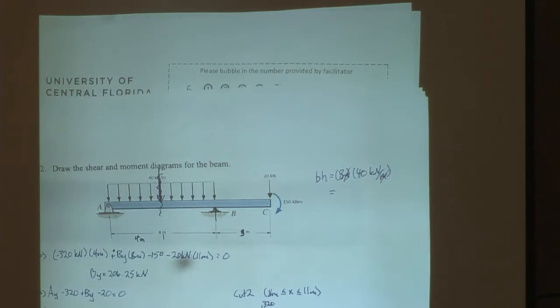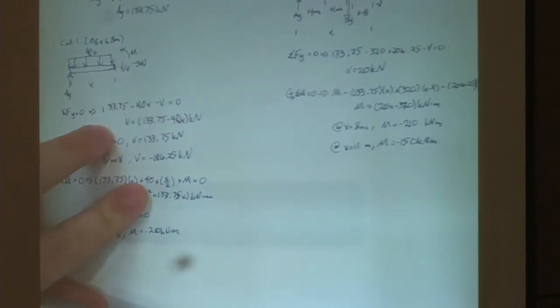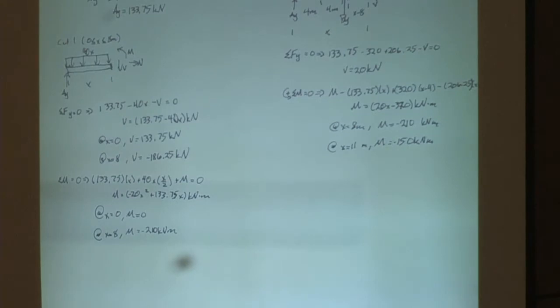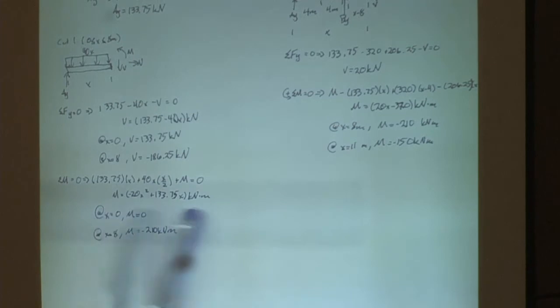So that equation is specifically for that section of the beam. Make sense? All right. And then if you want to touch on integrals a little bit, what do you notice about those two equations? Yeah. If you just integrated this equation, you would get this equation. And you wouldn't have to do a sum of moments.